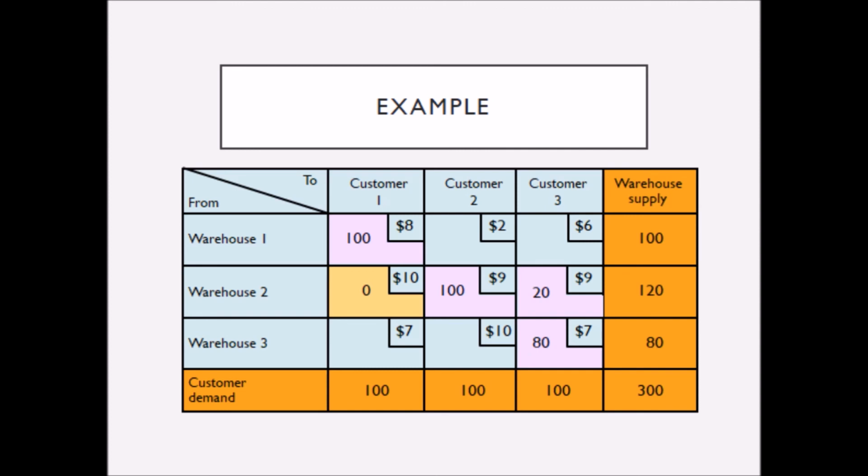However, only 4 cells are filled, which is a violation of the m plus n minus 1 rule. So to solve that, we simply put a 0 on the warehouse 2 to customer 1 cell to ensure that the rule is complied with before we proceed to our next set of computations.